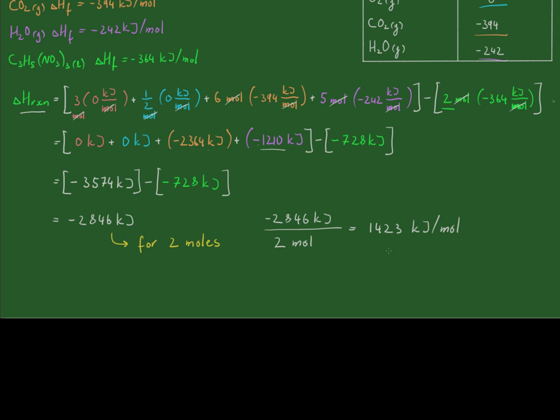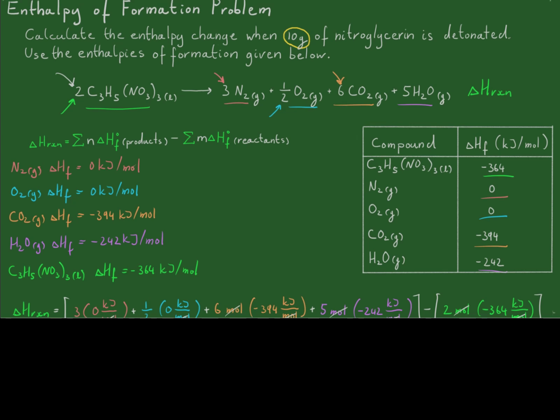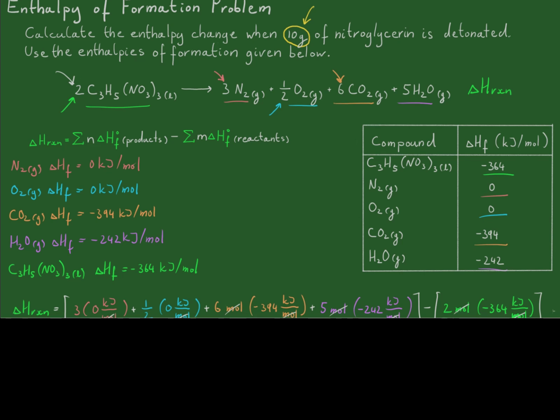Are we finished? No, we are not, because now we have the enthalpy change for 1 mole of nitroglycerin. The question at the very start asked us, what is the enthalpy change when 10 grams of nitroglycerin is detonated?